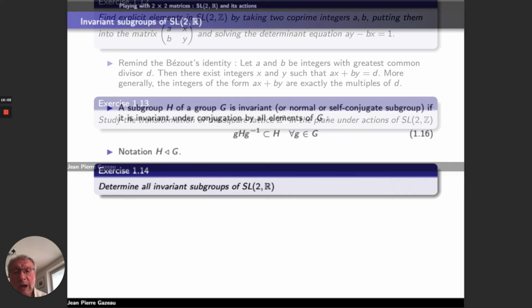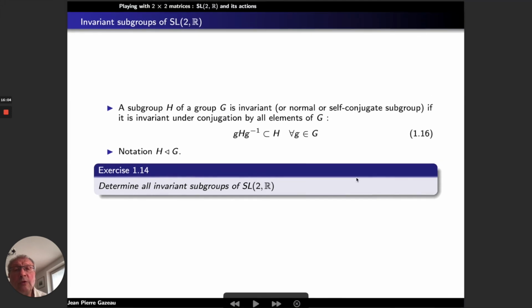Now we are going to introduce the notion of invariant or normal or self-conjugate subgroup. What it is, we say that a subgroup capital H of the group G is invariant if it is invariant under conjugation by all elements of G.